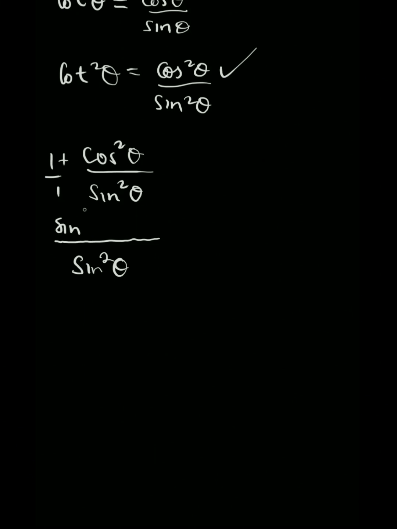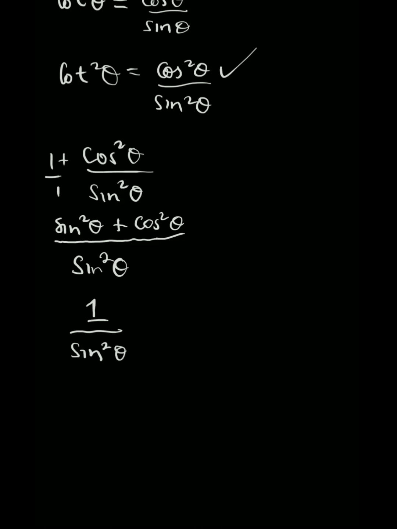So this gives us sine squared theta. Then we add sine squared into everything. We get into this denominator, it gives us sine squared, then multiplied with cos squared. We therefore get cos squared theta. Now the sum of sine squared theta and cos squared theta gives us a 1. Then we divide with sine squared theta.